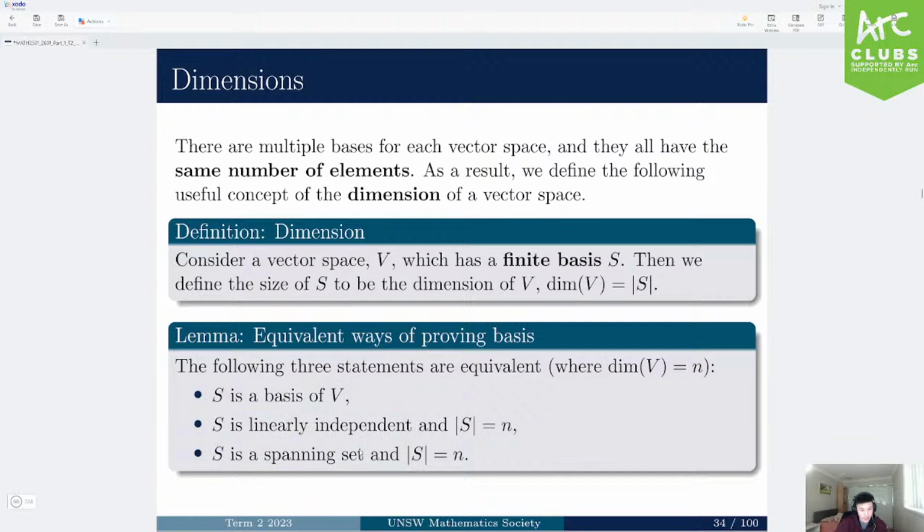We don't have to prove that it's both, because of these equivalences. Usually it's easier to prove that S is linearly independent and the size of S is the dimension of V.